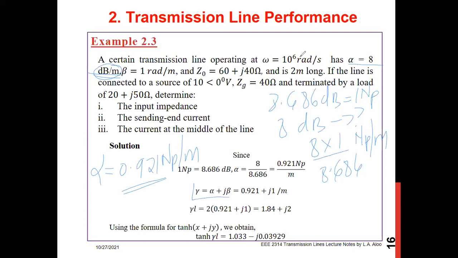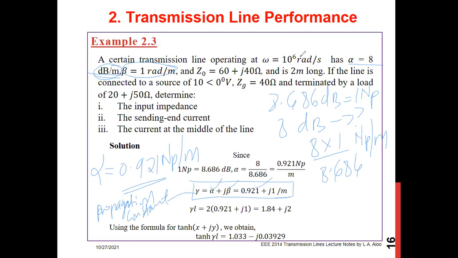Then we can write down the propagation constant. The propagation constant is given by gamma equals alpha plus j beta. Our alpha is 0.921, and our beta has been given in the problem statement as 1 radian per meter. So we can plug it in, and we will have our propagation constant in per meter.